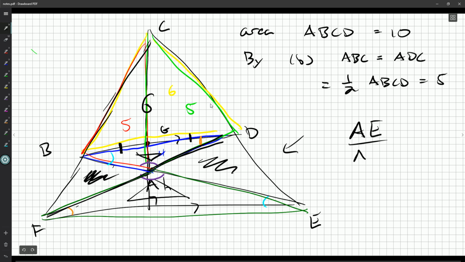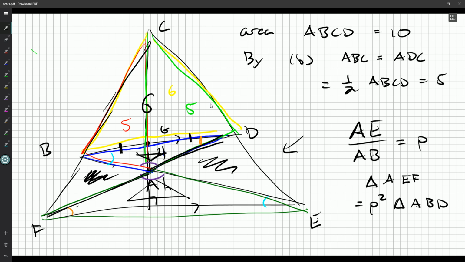So if I found out that was, say, we already used R, so let's say P, then triangle AEF, because it's similar to ABD, would have area P squared, because when you stretch all the lengths by a common factor, the area is stretched by that common factor squared. And then, oh, I know that this up here is 4. So that's something to look at. I'm not sure if it's necessarily going to go somewhere, but it's certainly interesting.